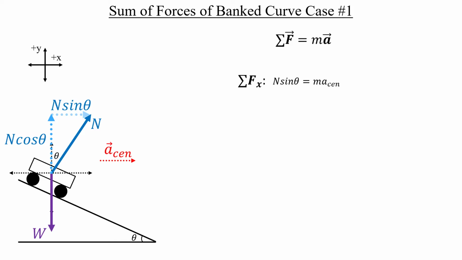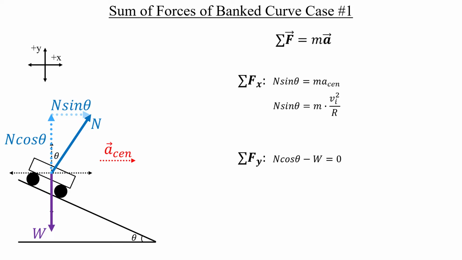Let's replace the centripetal acceleration with its definition, v squared over r. Notice that I'm using the subscript i here on the v, since this represents the safe speed of 20 meters per second. That's all we have in this direction for now, so let's investigate the other direction next.